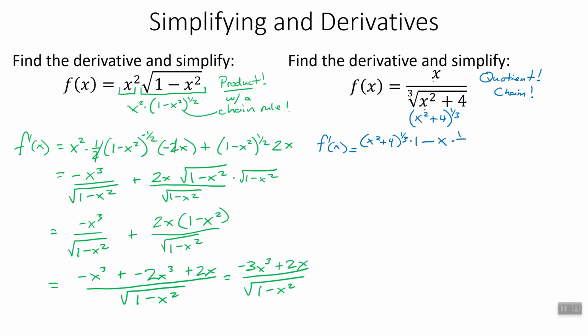We bring down the 1/3, leave the inside the same, to the 1 less exponent. So now it's going to be to the negative 2/3 times the derivative of the inside, and there's the top, all over the bottom squared. So we're going to have x squared plus 4. If we square 1/3, that means 2 times 1/3, not 1/3 squared. We get 2/3, like that.